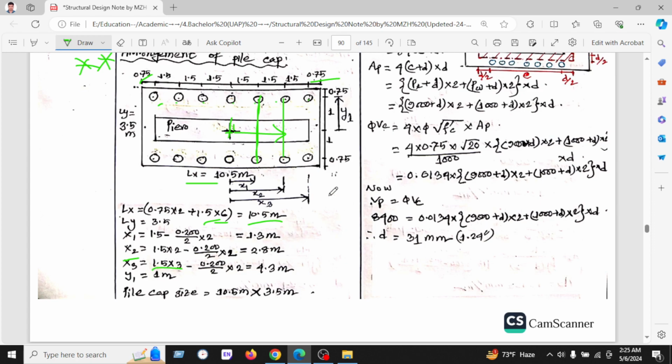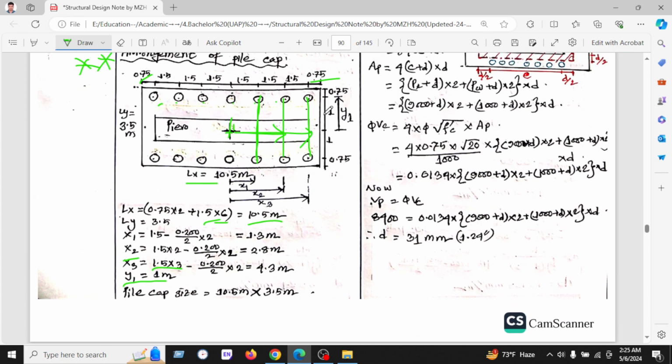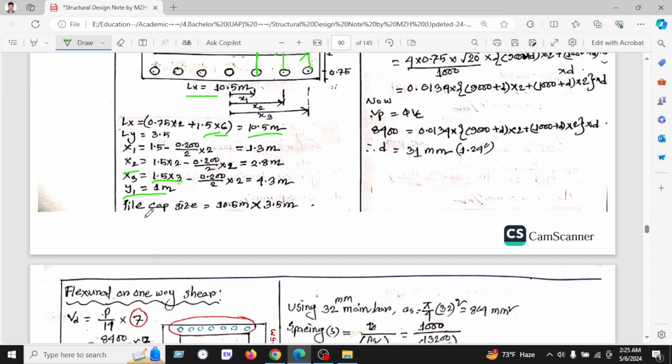In the same way X3 will be here, and this is X3. Y1 is 1 meter, and the pile cap size is 10.5 meter into 3.5 meter. This is the pile cap size.